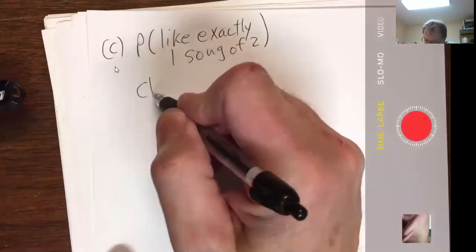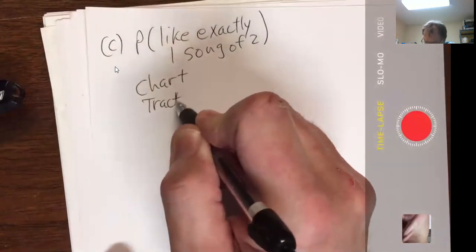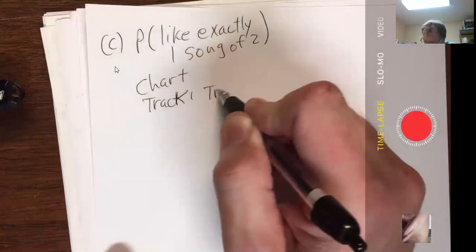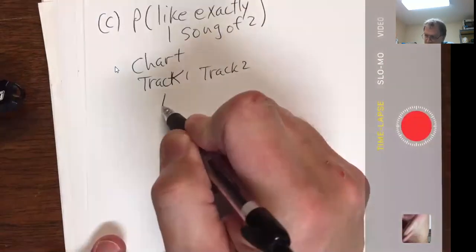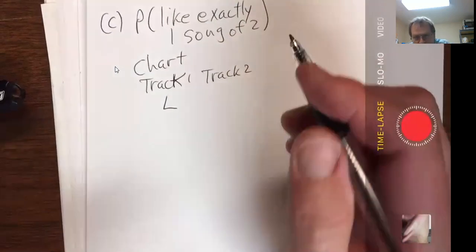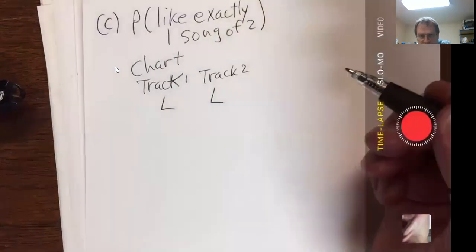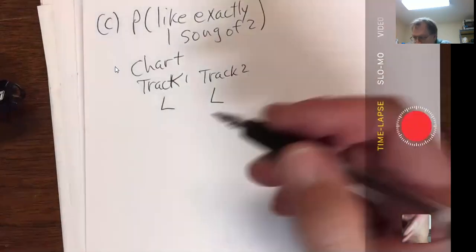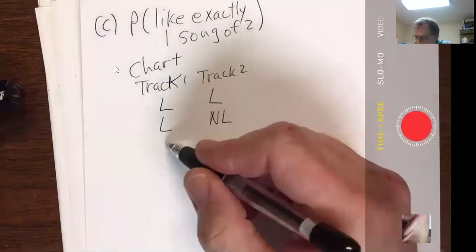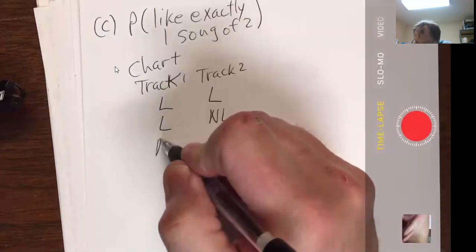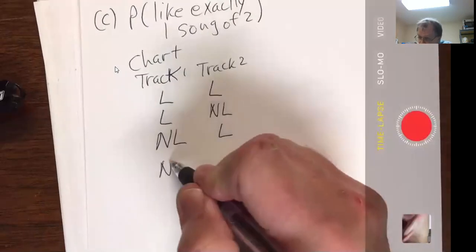Your chart has track 1 and track 2. It exactly parallels your coins with heads and tails. You can like both tracks, both songs. You can not like the first and like the second, like the first and not like the second, or maybe you don't like either one.